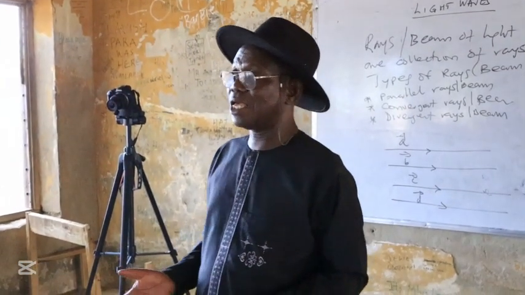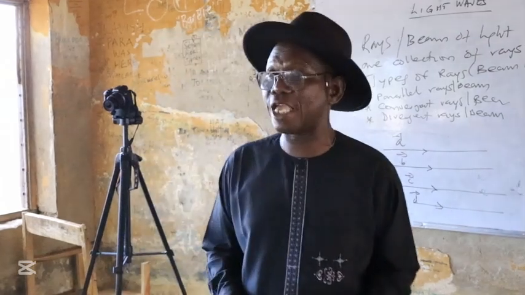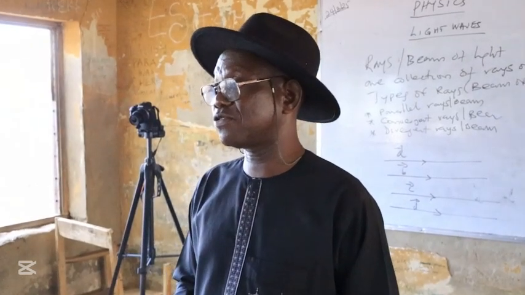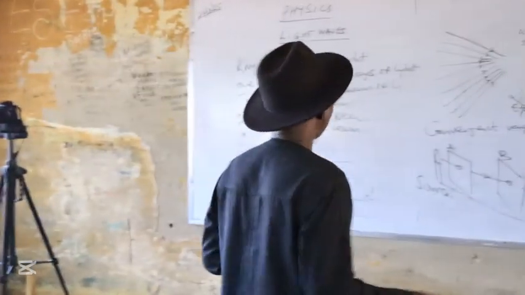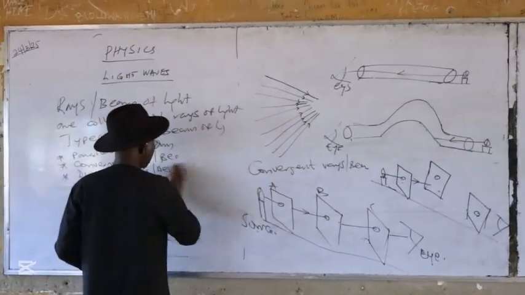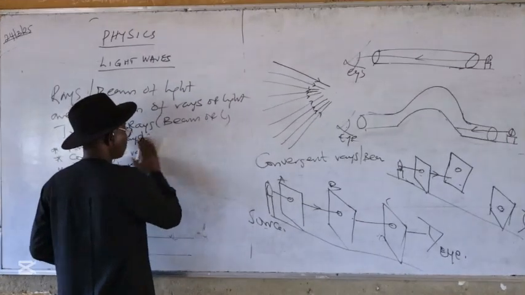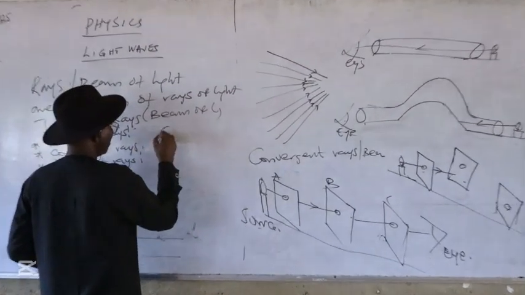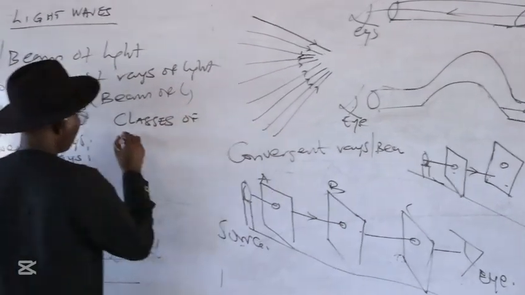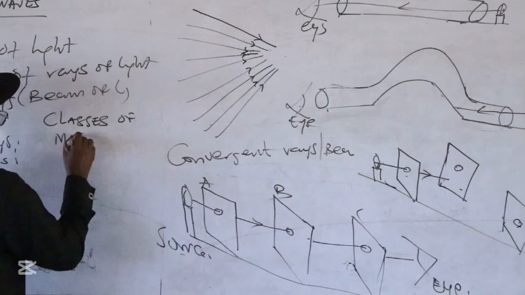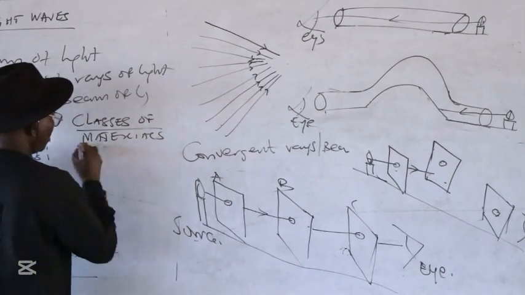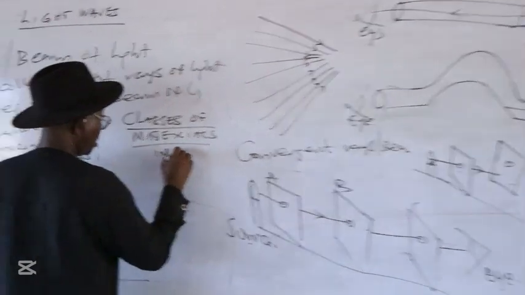Optically, materials are classified into 3 categories or 3 types. Under light waves, we have classes of material in optics.